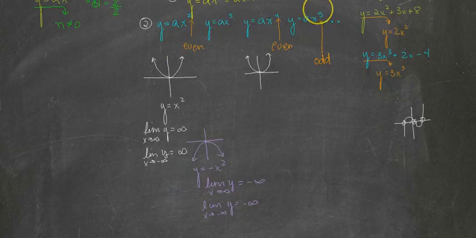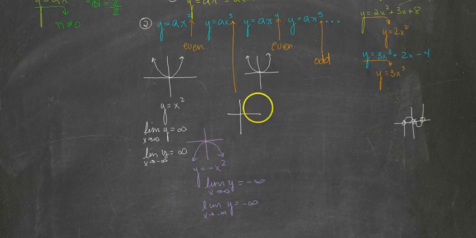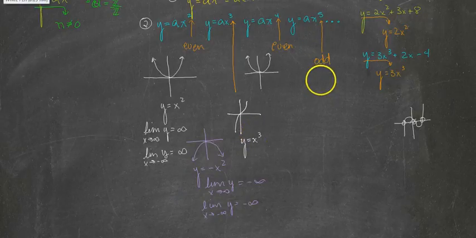Any odd powered exponent power function is going to behave very similarly to the cubic function. So if I were to graph y equals x cubed, which we've all seen before, the odd function is going to behave in a very similar manner.